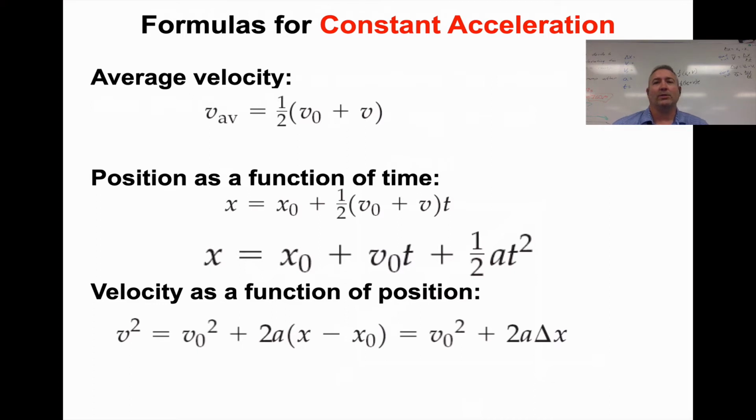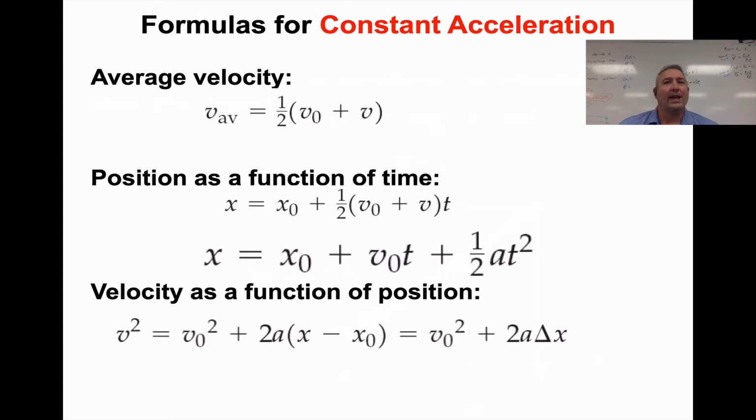So when we substitute final velocity, which is initial velocity plus acceleration times time, we get the next formula here, x equals x naught plus v0t plus 1/2 at squared.